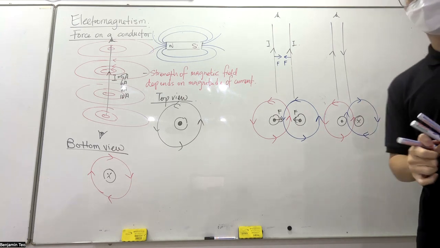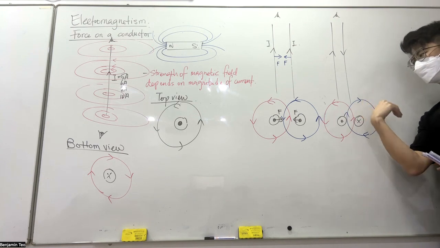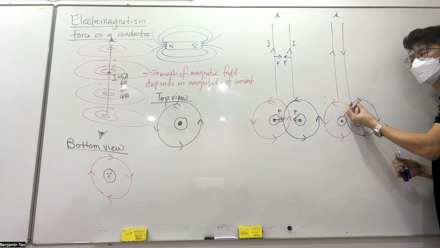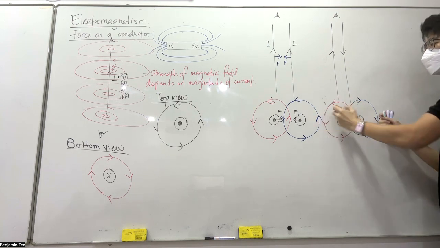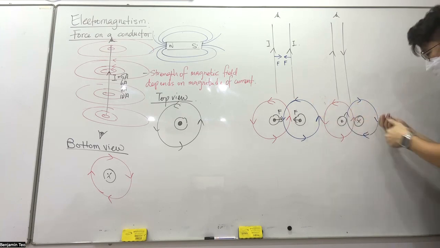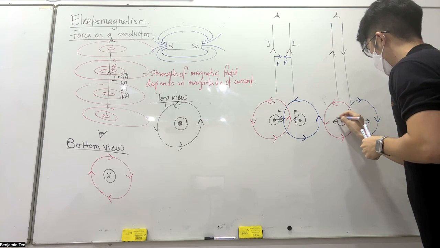Notice that the field at the center, focus only at the middle, is in the same direction, so the resultant is stronger. Weaker at the side, stronger in the middle, it will repel, it will push upward. So the force created is away.